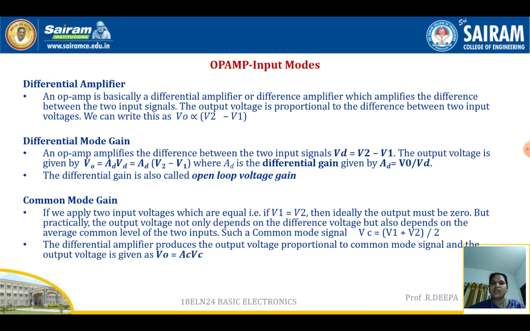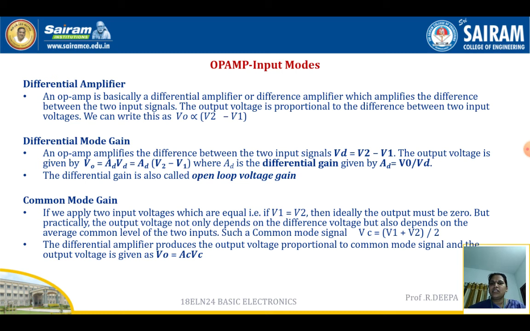So it will amplify the difference between the input signals, proportional to the voltage fed across the two input terminals. The output voltage V0 is directly proportional to the difference in the two input voltages. So V0 is proportional to V2 minus V1.